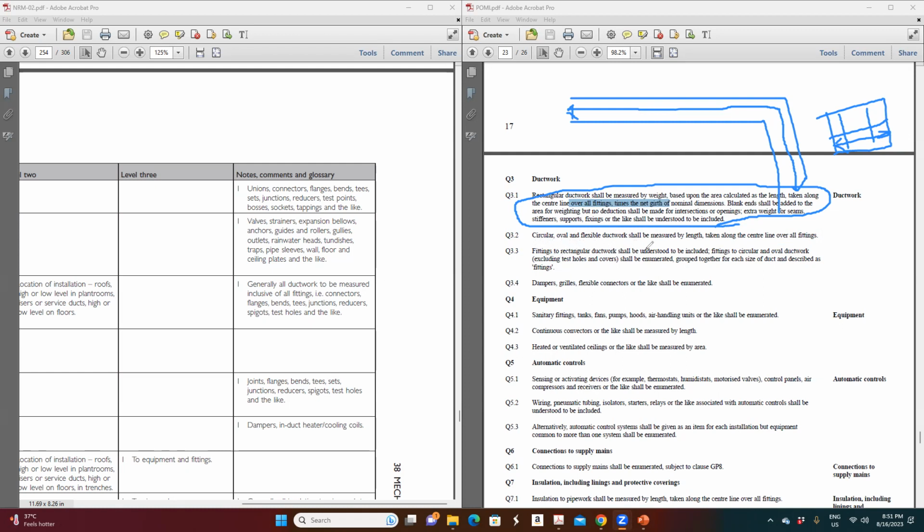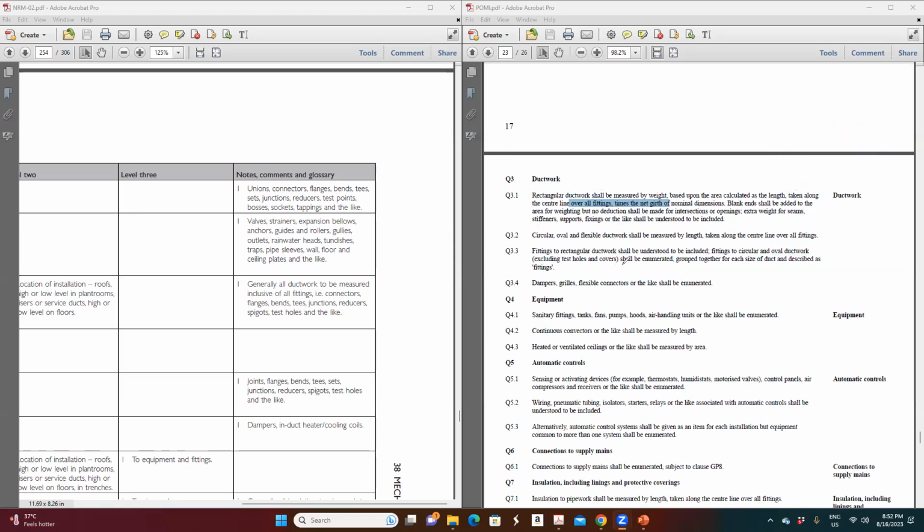Fittings to rectangular duct shall be understood to be included. Fittings to circular duct and oval duct shall be enumerated, measured by number. So fittings of the oval duct and the circular duct shall be by number, they should not be included throughout the length. That is what they are trying to say here. So that is about the duct here.